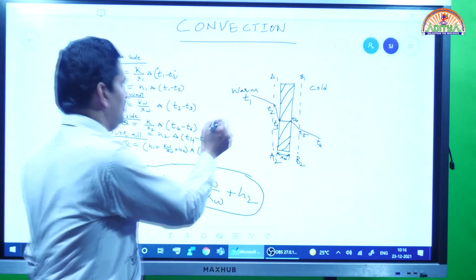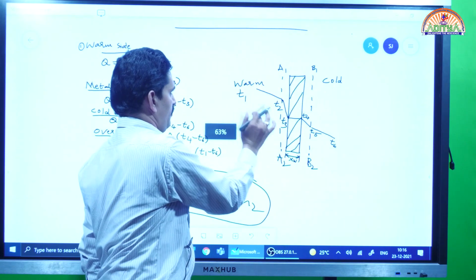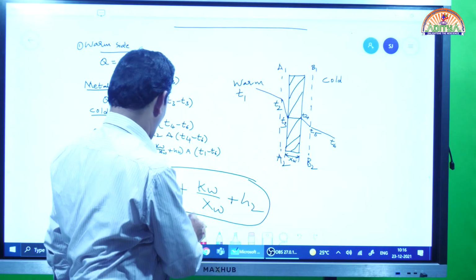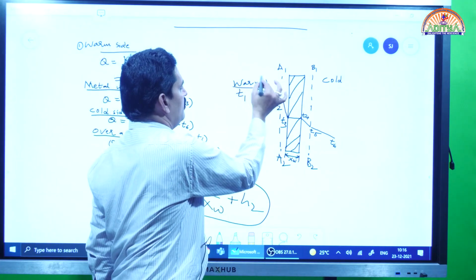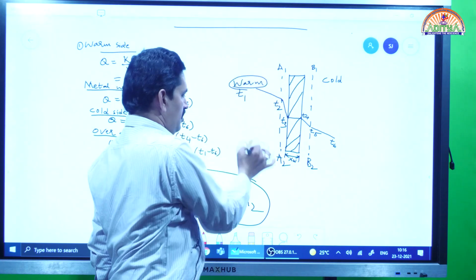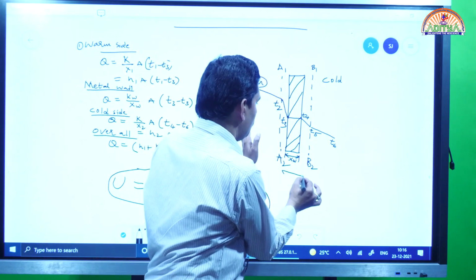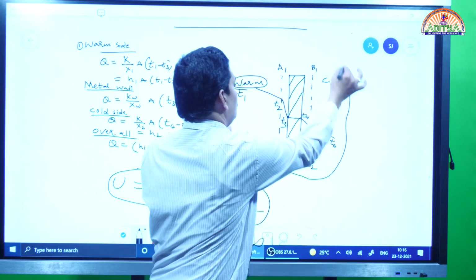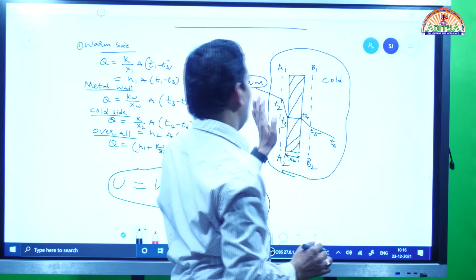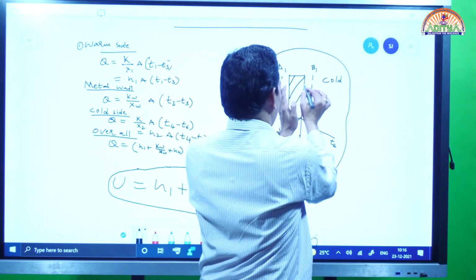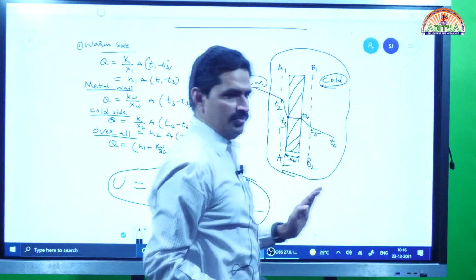See, this is the warm water, which is in contact with the metallic wall. This is the metallic surface, and this metallic wall is in close contact with the cold fluid.